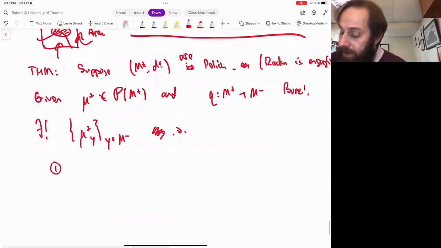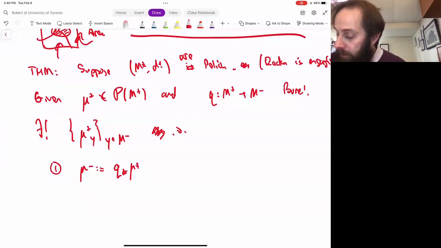So point one is that I'm going to define the measure on the target space to be Q push forward the measure on the source space.